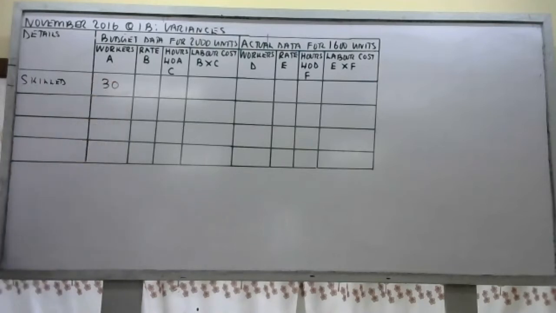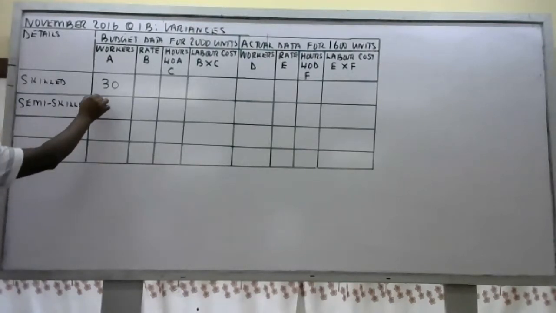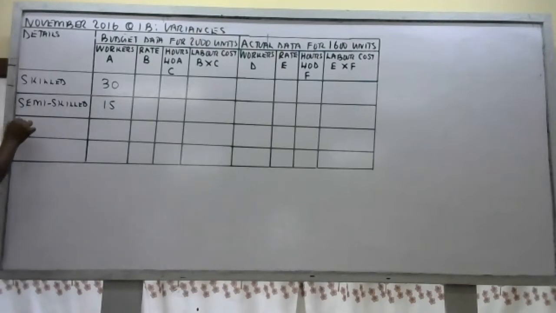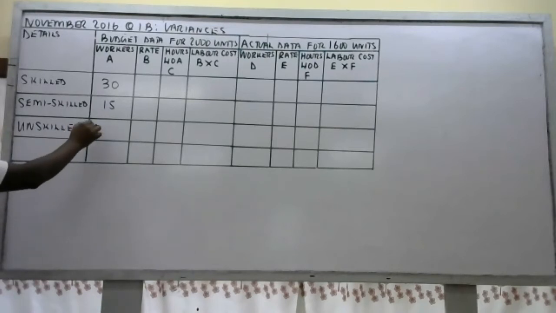We have another group called semi-skilled, and these semi-skilled, there are 15 men. Then we have another group called unskilled, unskilled is 10.